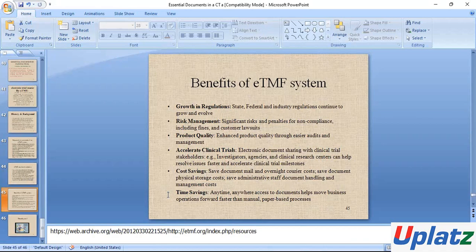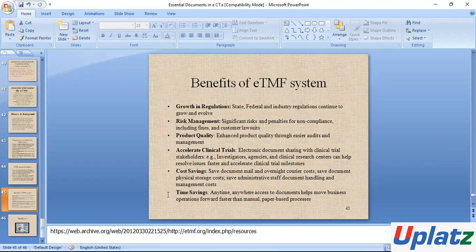Accelerate clinical trials: electronic document sharing with clinical trial stakeholders, that is, investigator agencies and clinical research centers, can help resolve issues faster and accelerate clinical trial milestones. It also saves time in creation and saving of documentation. There is a lot of money involved in providing space and warehouses to save paper records.